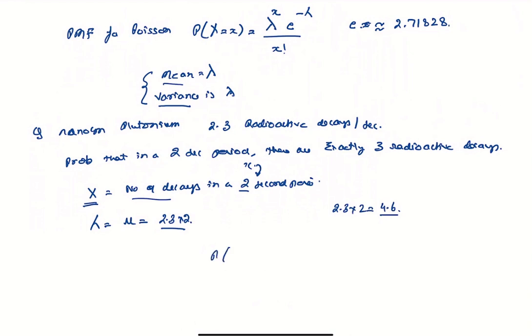So the probability of X equal to 3 is going to be lambda to the power x, e to the power minus lambda, upon x factorial. This is going to be 4.6 to the power 3, e to the power minus 4.6, divided by 3 factorial, which comes out to be 0.163.